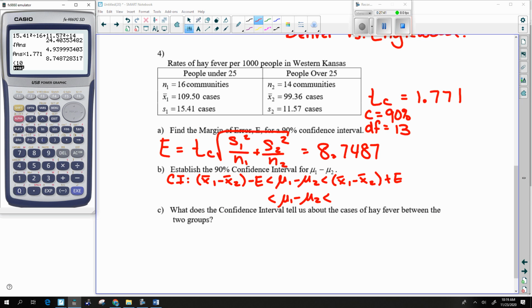X bar 1 minus x bar 2 minus E, I have a positive number here, and x bar 1 minus x bar 2 plus E.